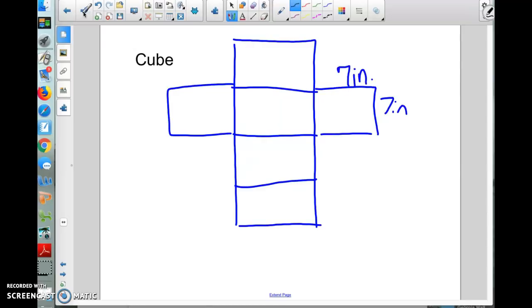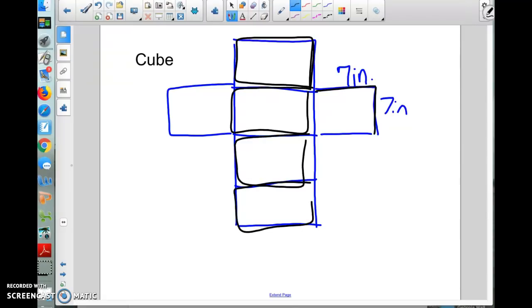This is a cube. Well, it's not the prettiest cube in the world, but it's a cube. If you know that it's a cube and that this is a 7 by 7, you know all of them are the same square. So if they're all the same, then 7 times 7 is 49 inches squared, and that's the same for all of them. So how many squares does it take?